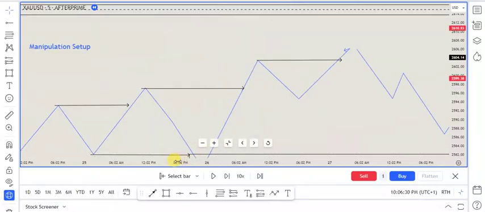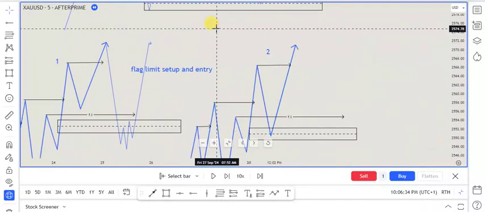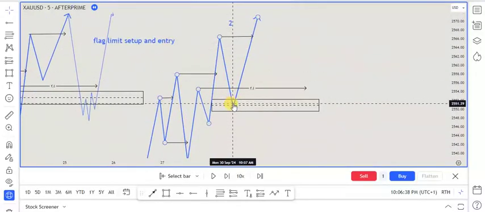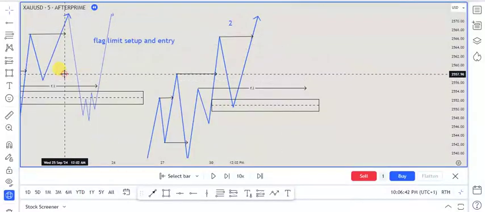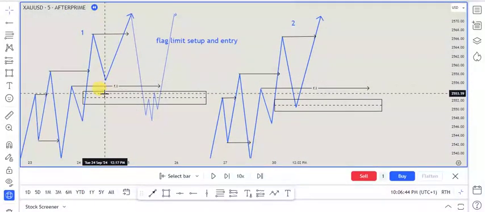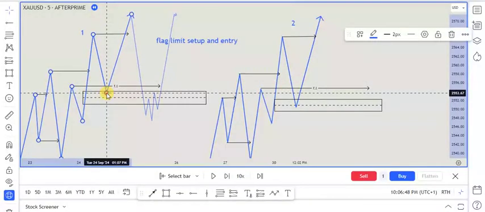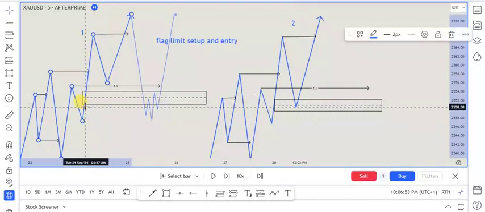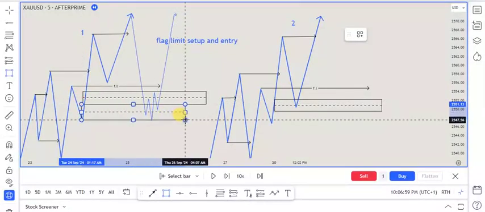If you don't remember, go and watch the video. See the second one here. This is the second setup. That one broke through, entered the order block, then broke. Why did the first one not enter the order block? Maybe it stopped at the fair value gap or above it. But just know that below this fair value gap there is an order block. You understand?